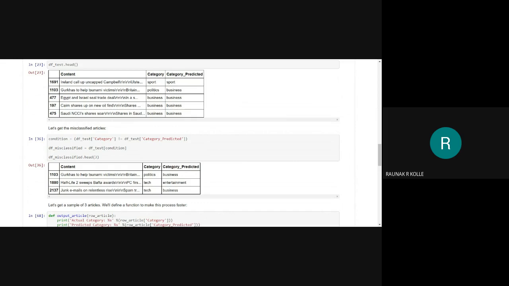This belongs to the technology category, but the predicted category is entertainment. We then have junk emails on relentless rise, which belongs to the category of technology, but the category predicted is business. Because some of the keywords such as rise, fall, etc. are often used in business terminology, and hence the predicted category is business.